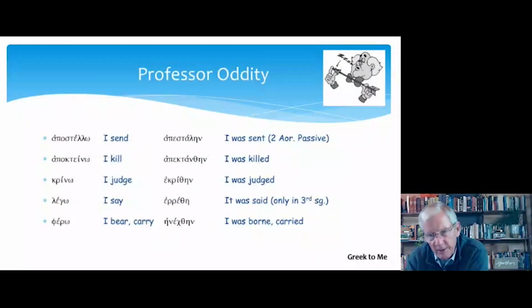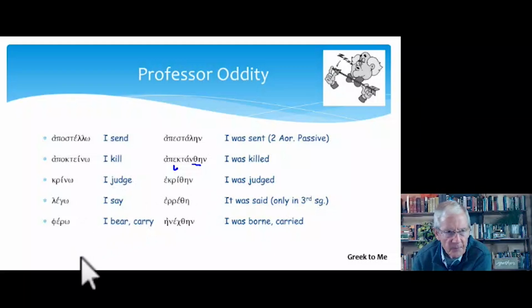All right, we have a few more here to deal with. Apostello, I send. Apestalane, that's the second aorist passive, and we call it second aorist passive instead of first because the second aorist passives don't have the theta, but the ending is basically still the same. Apokteino, I kill. The first aorist passive, apektanthane. So notice your augment there, and then your theta eta. Here's our augment with the epsilon, and then here's our theta eta.